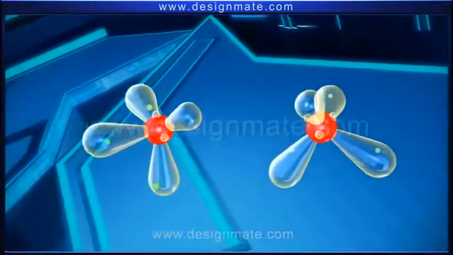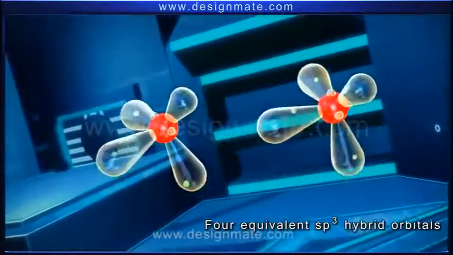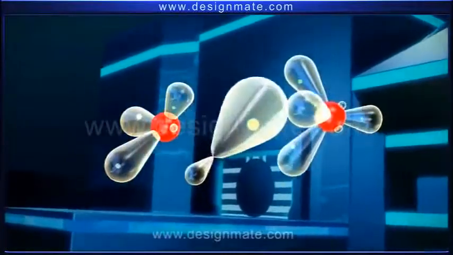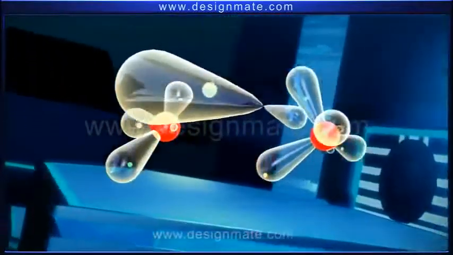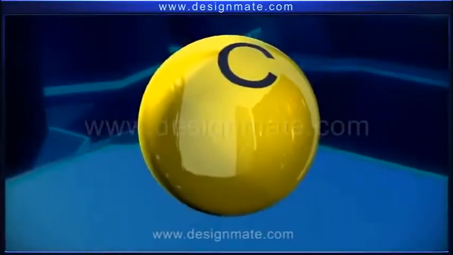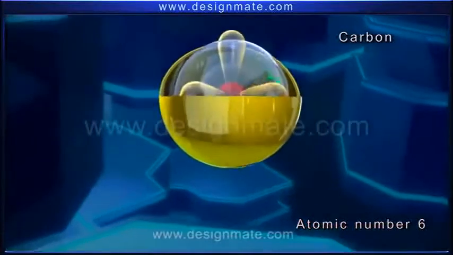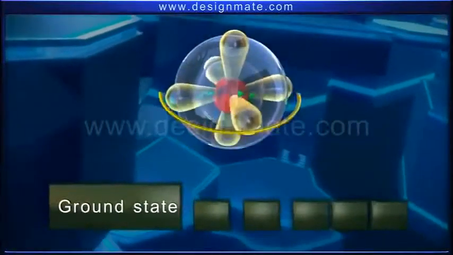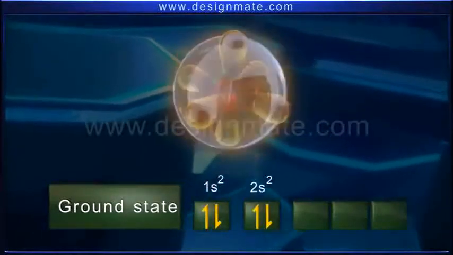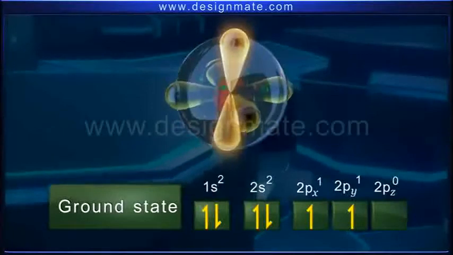We can clearly see 4 equivalent sp3 hybrid orbitals around each carbon atom. Each of these orbitals has one lobe bigger than the other and is occupied by a single unpaired electron. Now, consider a carbon atom having atomic number 6 in the ground state. Its electronic configuration is 1s2, 2s2, 2px1, 2py1, 2pz0.